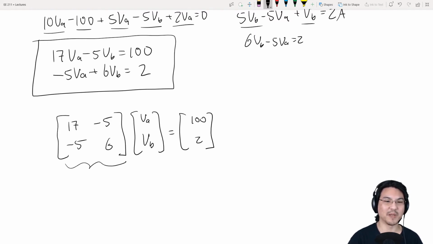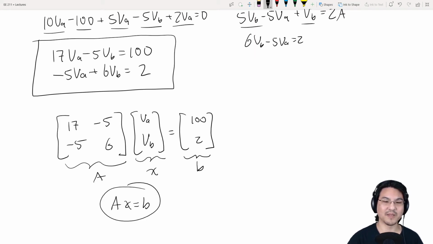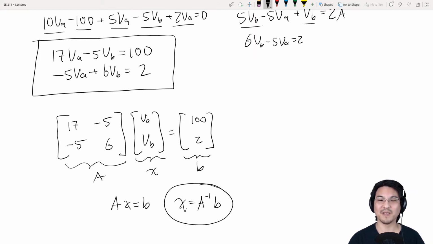If this is matrix A, this is vector X, and this is vector B, to solve for X, it's the inverse of A times B. The computer can do that for you, and the solution will be the 2 node voltages. Okay, so hope that makes sense. Give this a try, and then I'll see you in the next video.